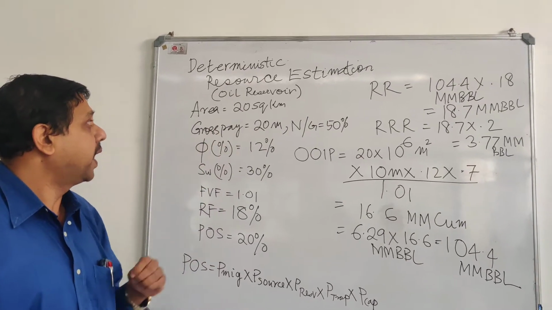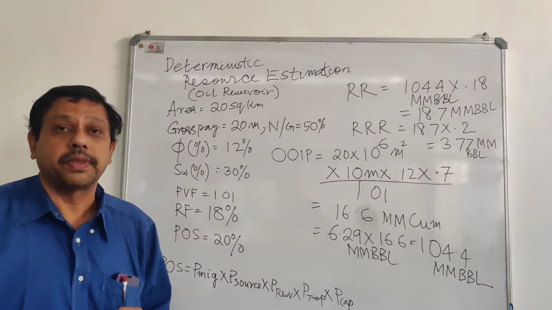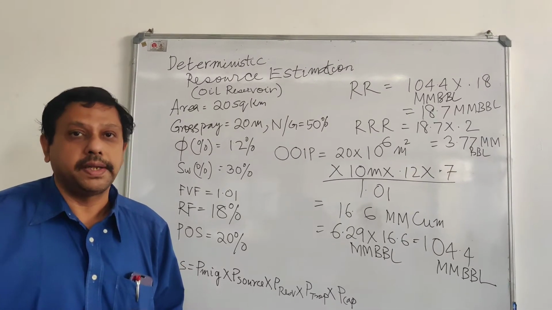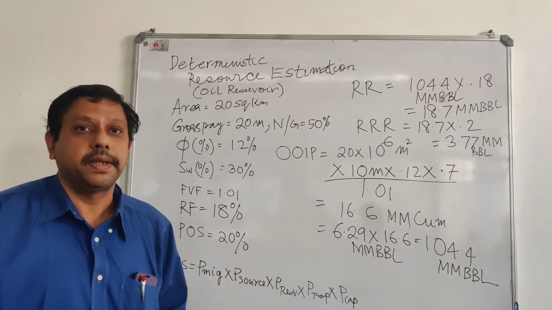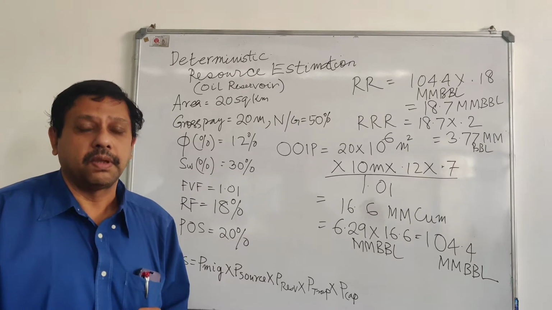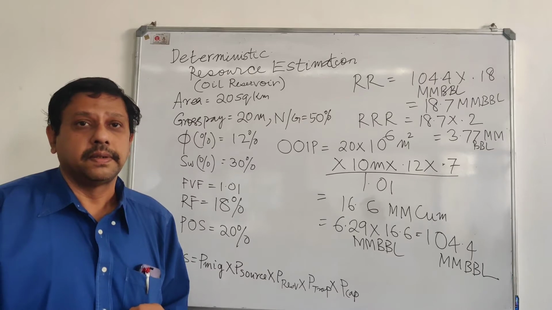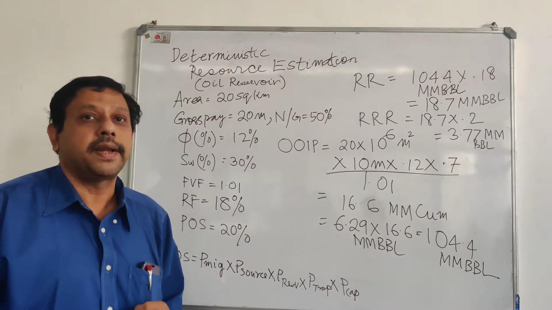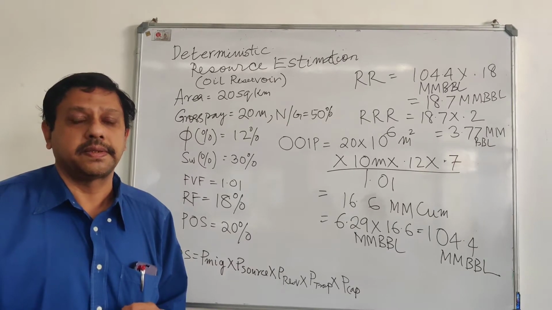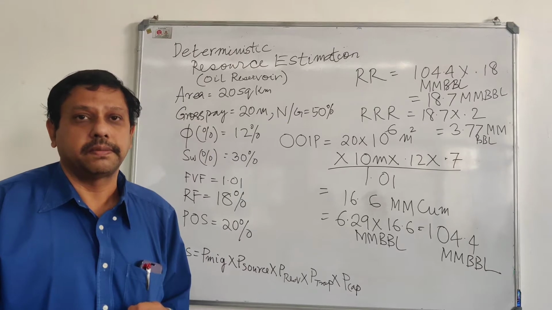Now on this board I have taken an example to showcase what I am talking about. The original oil in place depends on area, net pay, hydrocarbon saturation, porosity, and formation volume factor. The area, convert it into square kilometer. The area is the prospect size which you have identified from the seismic method.